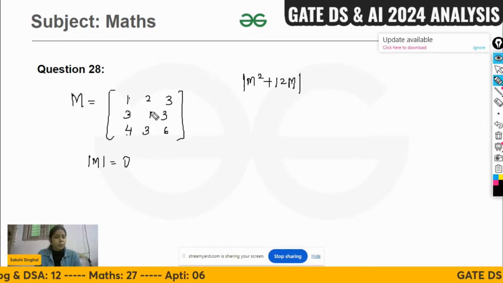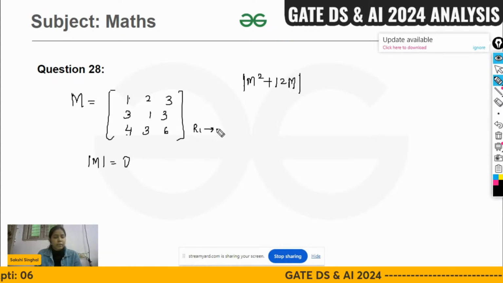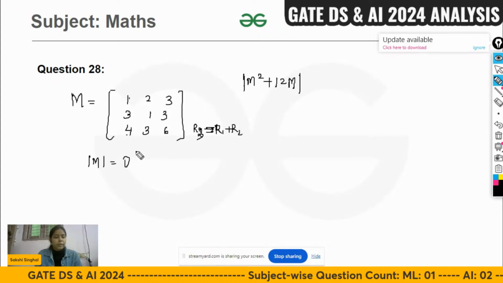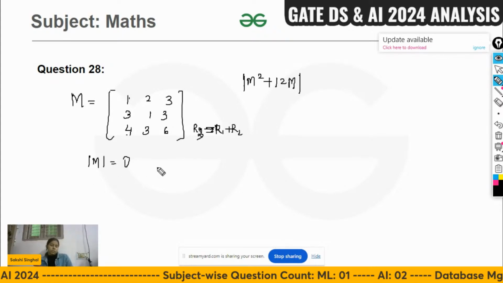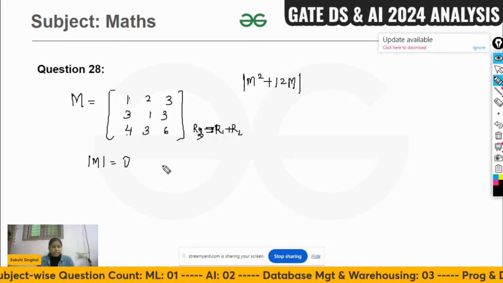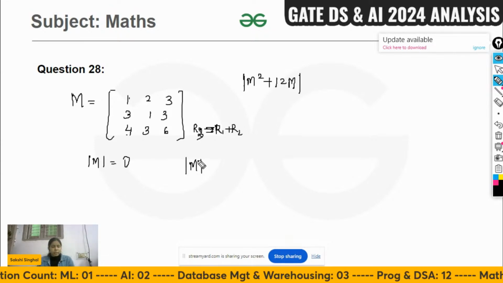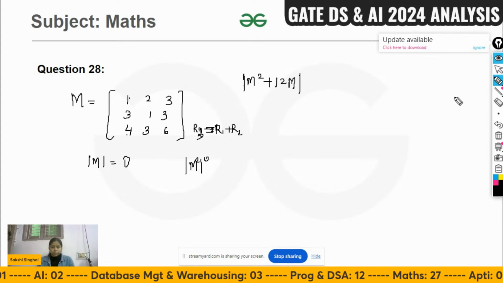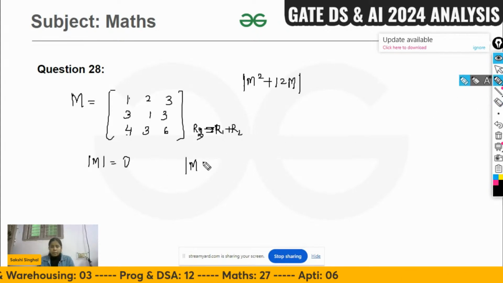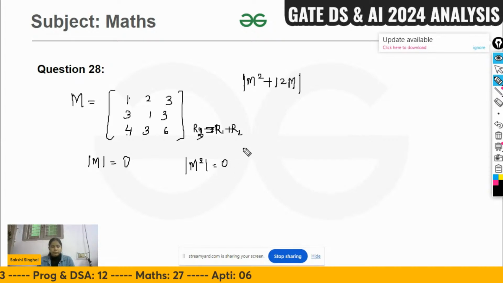Because 3 plus 1 is 4, 2 plus 1 is 3, 3 plus 3 is 6. So R3 is basically equal to R1 plus R2. That's why the determinant of M is 0, so the determinant of M square would be 0.